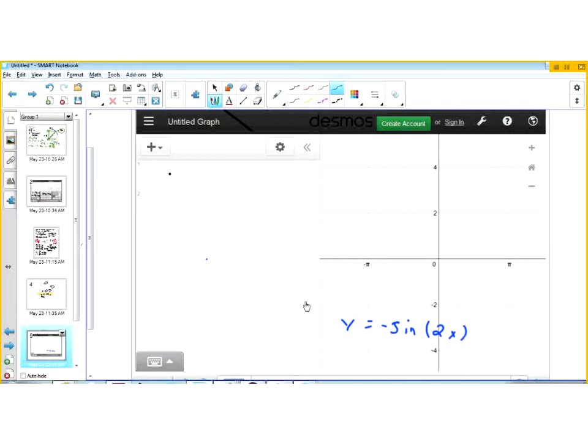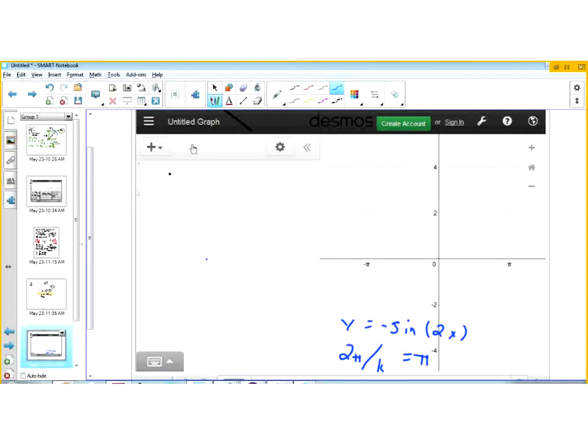Okay, so this would be an example of a reflection about the t-axis combined with a horizontal shrink. Okay, so we're going to compress the sine wave. And as you know, the period of this sine wave would be 2 pi over k, k being 2, so that would be pi.